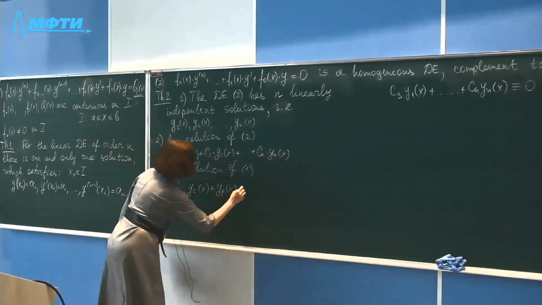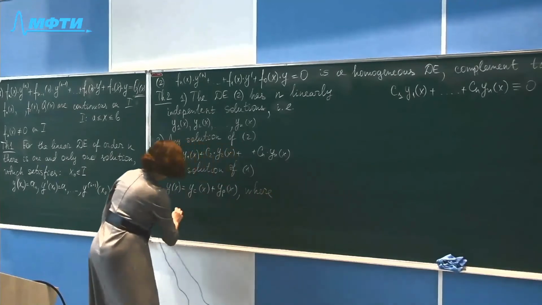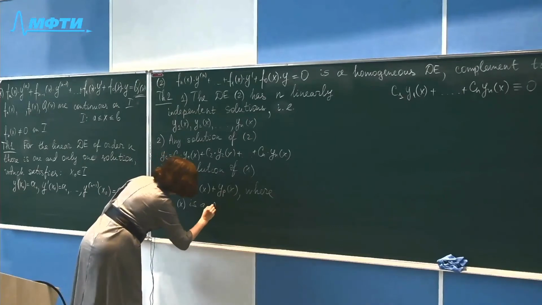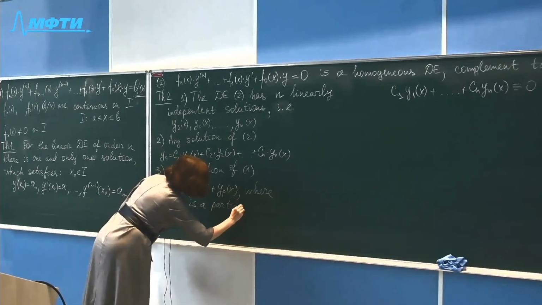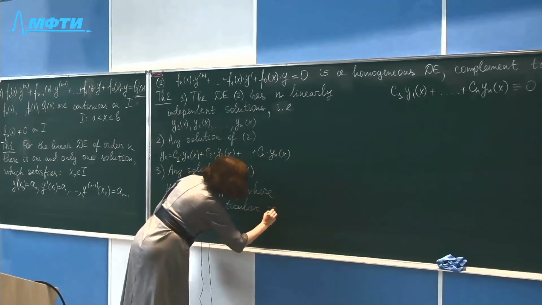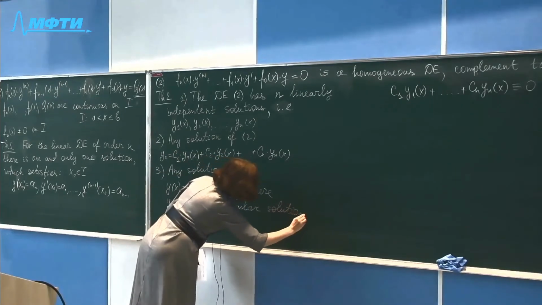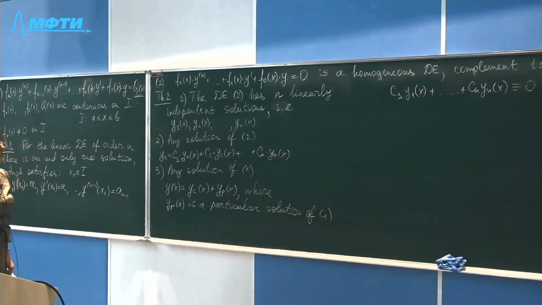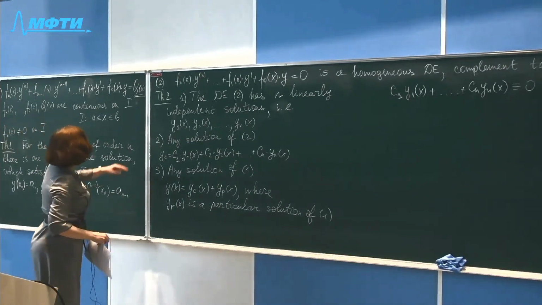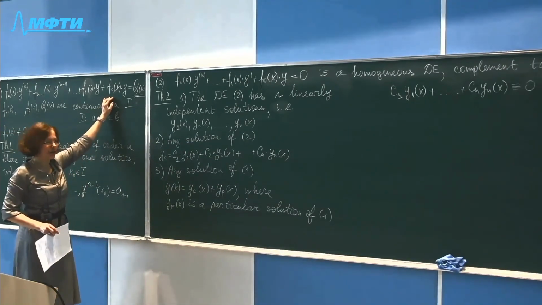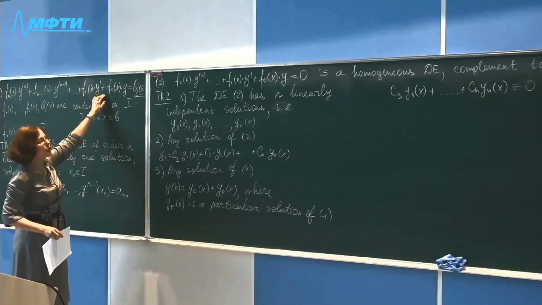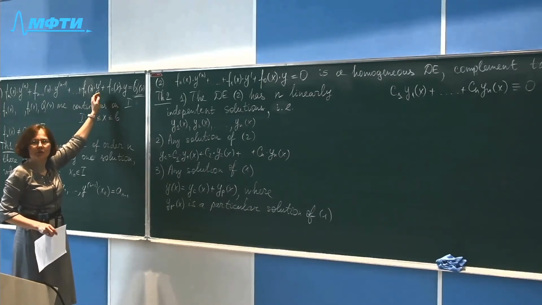So where yp of x is a particular solution of 1. So in order to solve the original differential equation, we can first find a particular solution, or maybe guess a particular solution of this equation.